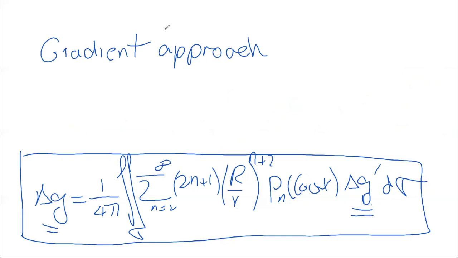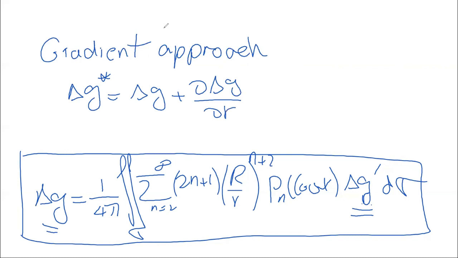I need to take the derivative of the gravity to compute this Taylor expansion. Let's see. I say that the gravity down should be the gravity at the surface plus the derivative of this multiplied by h. So this is a linear function.